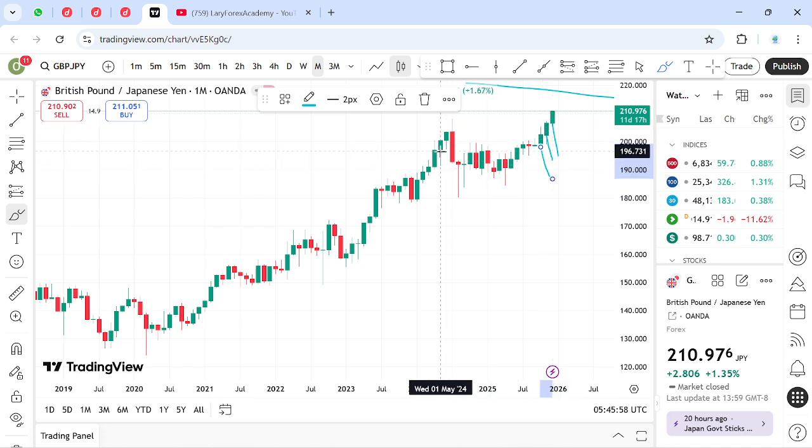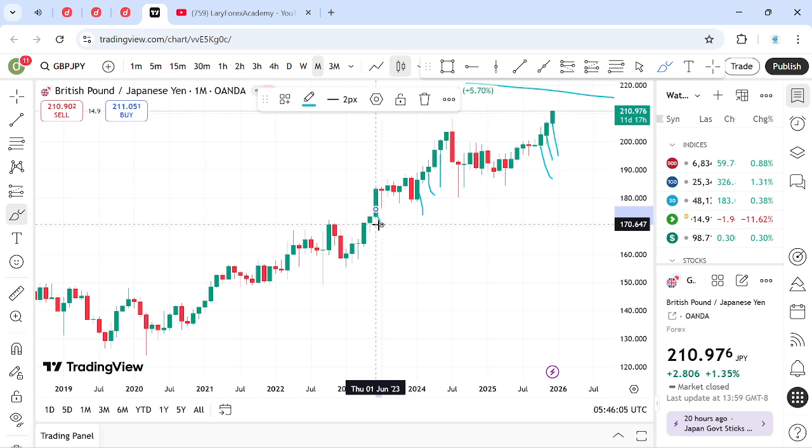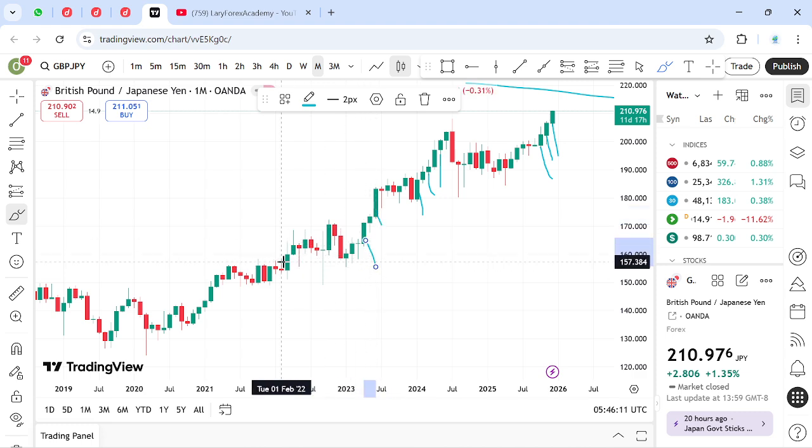Each of these different months is a candlestick formed during a particular month. I don't know if you understand what I'm saying. So all these are different candlesticks formed during particular months, you get.